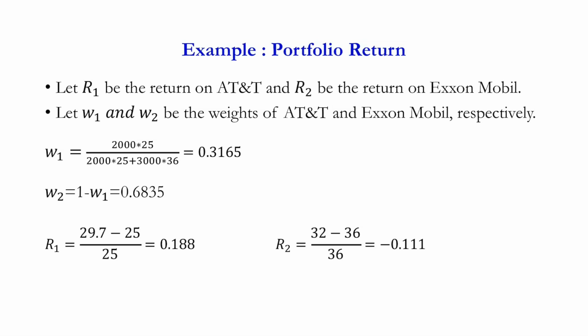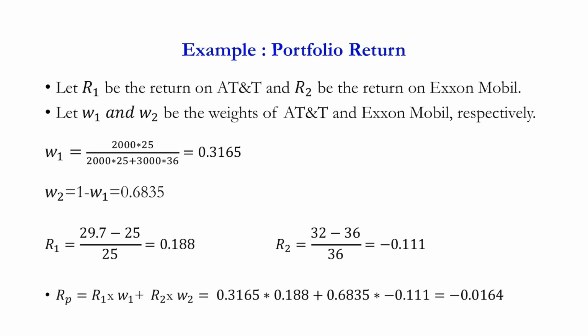And remember that none of these stocks paid any dividend during the day. So their returns are going to be equal to their capital gain or capital loss. For ExxonMobil, the stock price fell to $32.